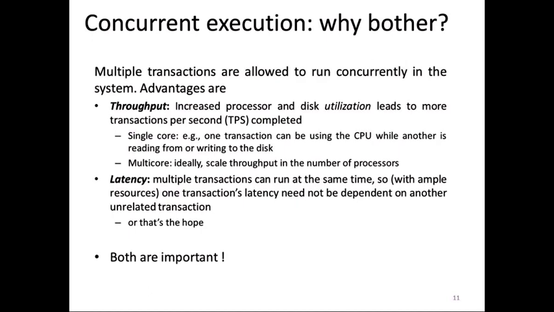TPS is the acronym for that. And obviously, if we want to increase throughput, we need concurrency. By having, for instance, devices that can work in parallel and advance in parallel on different transactions, we can increase throughput.